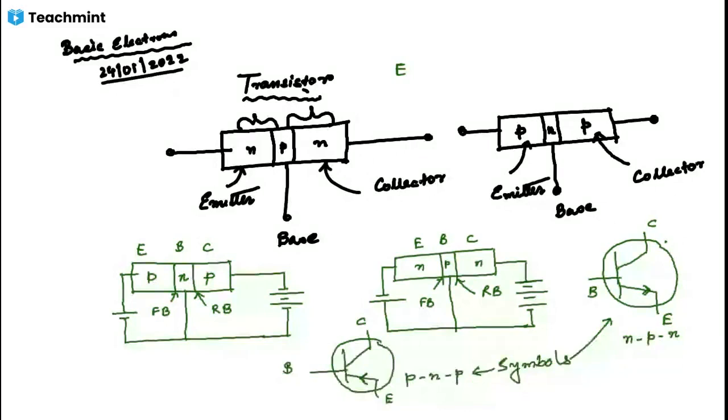The collector is greater than the emitter, which is much greater than the base. So actually the collector is a bit wider than the emitter. But for our sake of convenience, we take it equal to the emitter in this diagram. Okay.